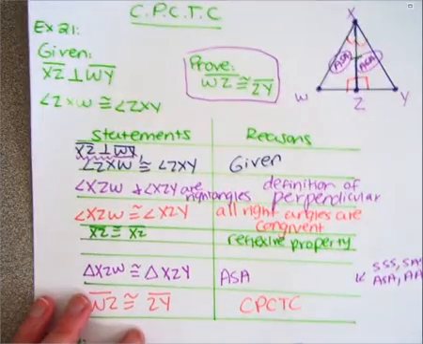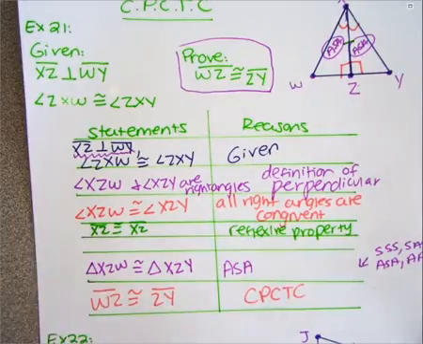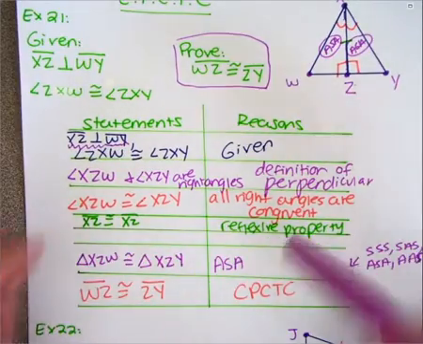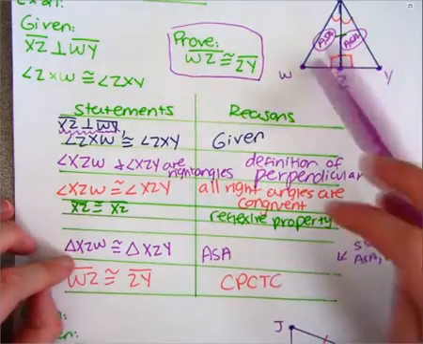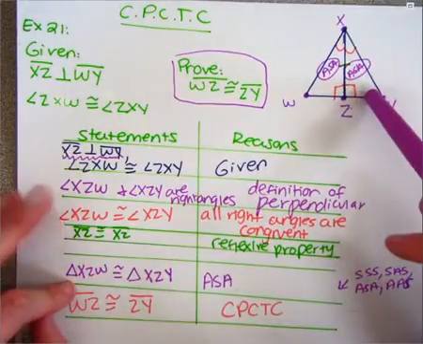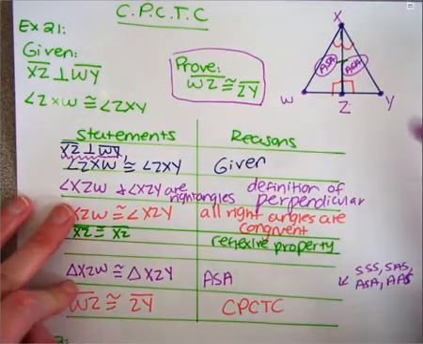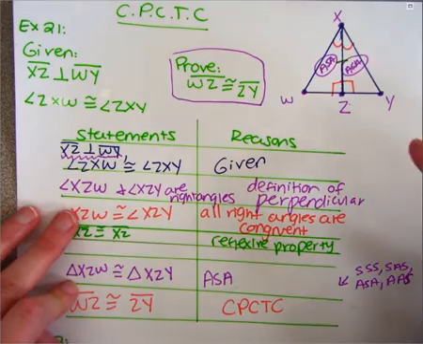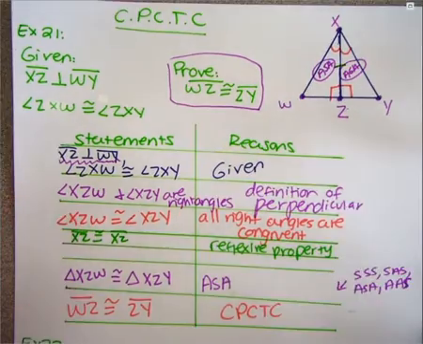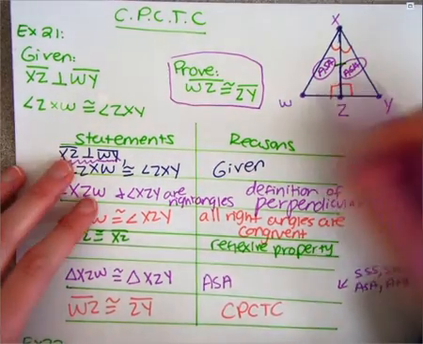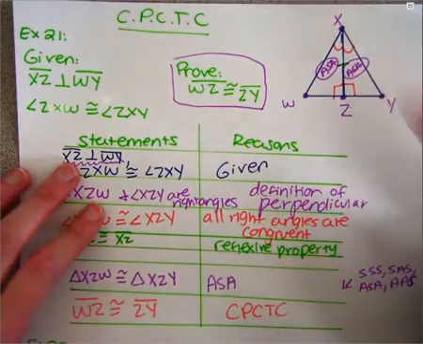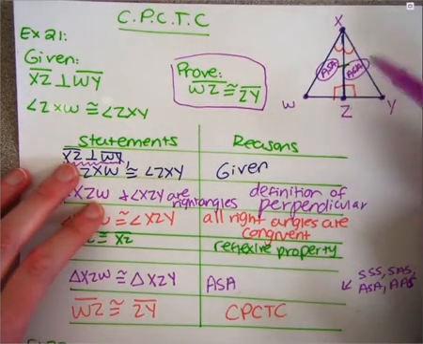Nice. Now, technically I could be done with my proof, because since I have shown that my two triangles are now congruent, that means every other side and angle that I currently don't have marked in my picture as congruent has to be congruent, because if two triangles are congruent, by definition all angles and all sides are congruent.